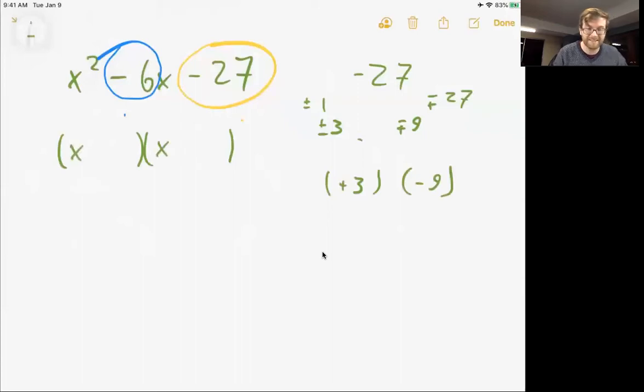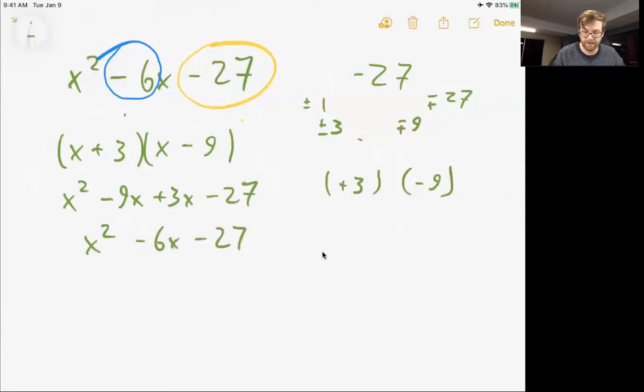They're both just x. And then we say plus 3 and then minus 9. And then just to check it, we could go back and check it. When you're first learning, it's a pretty good idea to go back and check and just make sure that you've got it right. As you get more confident, you don't need to check every single time. But it's always good to run it back the other direction if you're first learning.